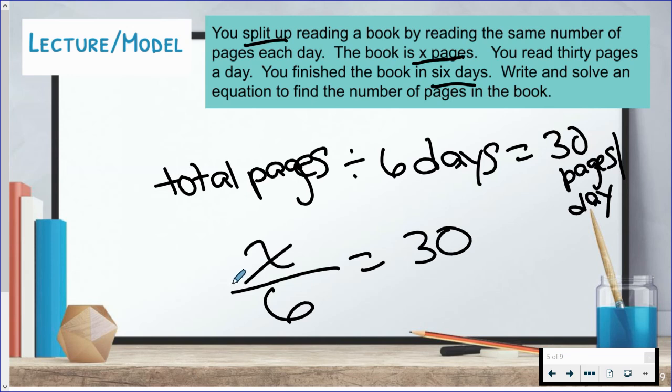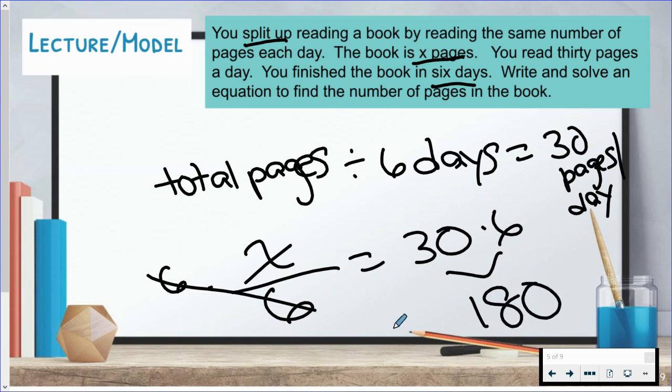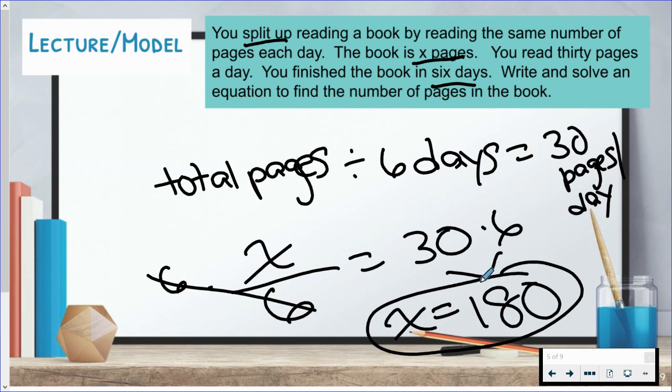So now we have our division sentence. And we knew we were dividing something because those words split up were there. I'm going to undo the division with multiplication. 30 times 6 would be 180. So the total book was 180 pages. You read 30 pages for 6 days, and that's 180 pages.